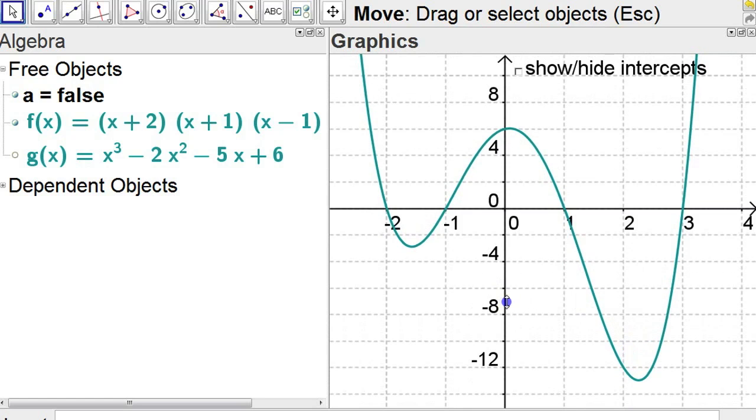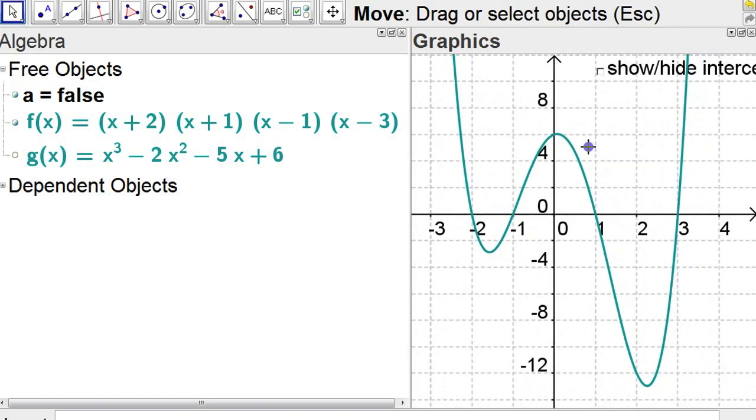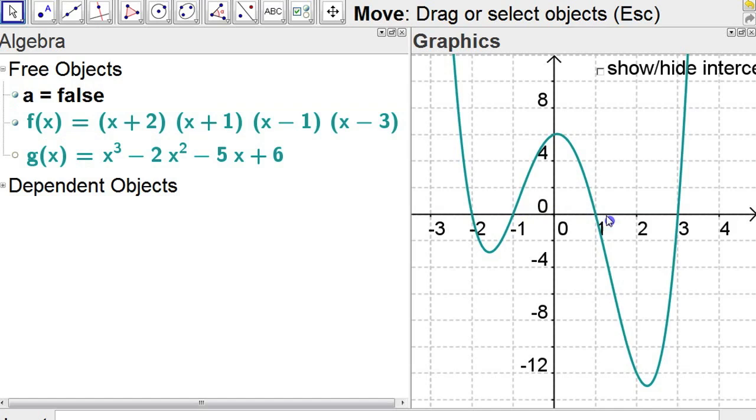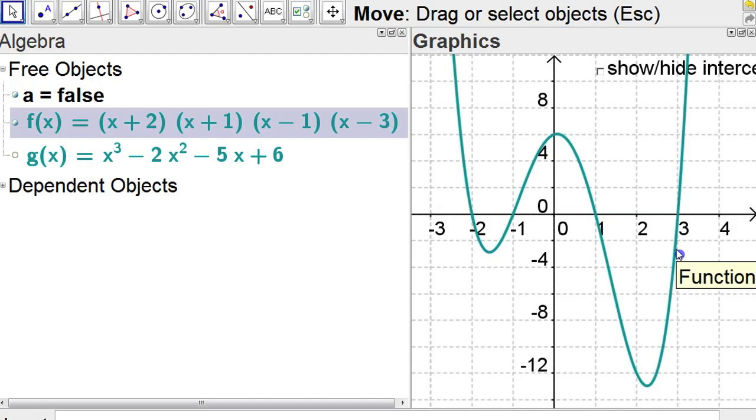It changes the graph into a 4th degree function now. There's my graph. It's got 4 x-intercepts, -2, -1, 1, and 3, corresponding to those 4 factors. 4 different factors, crosses 4 times.